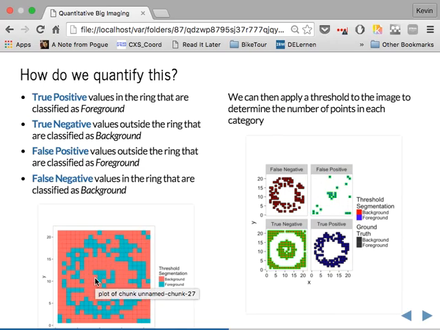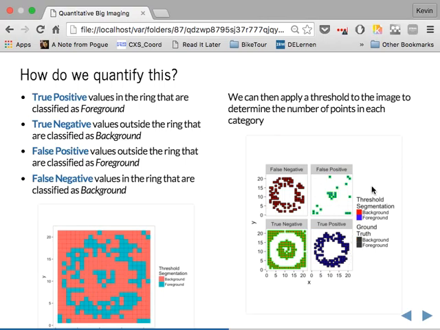And so we have our first simple classification, which is using a very basic threshold. And then we are able to assign all of the pixels in our image to one of the following categories. And so we see here, our true positives are here. So the places we matched where the ring is show up here. The false positives are here.